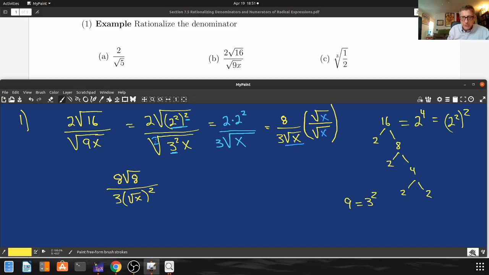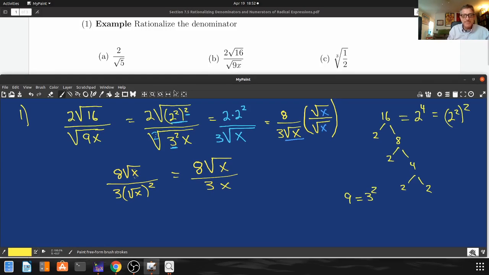Because 3 times the square root of x times the square root of x is 3 times the square root of x squared. I wrote 8 up there. That's supposed to be just a plain old x. So my final answer is going to be 8 times the square root of x over 3x.